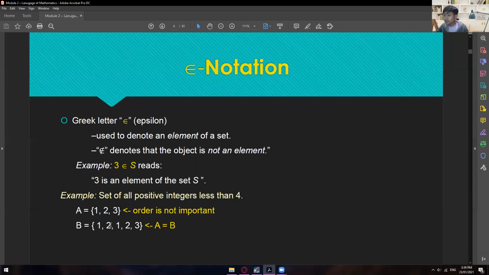You may have already noticed that if there are repeated elements inside a set, that doesn't really matter. In a set, if there is a repeated element, you can just remove it and retain the individual unique elements. So set A is equal to set B, regardless of how many repeated elements are inside the set.